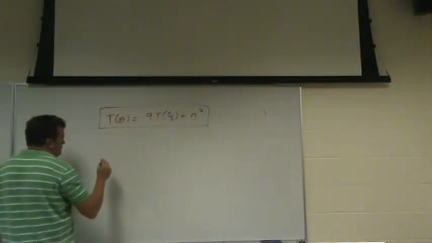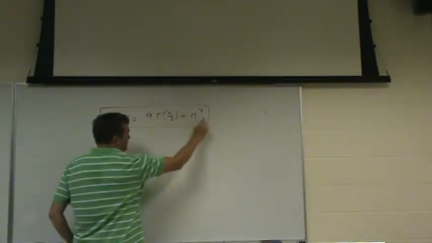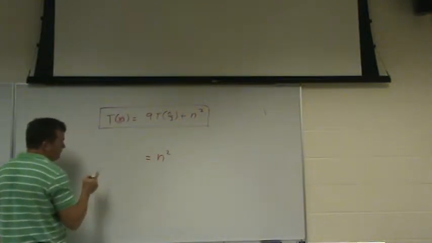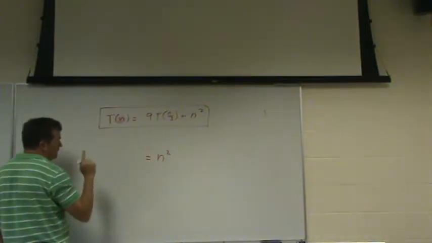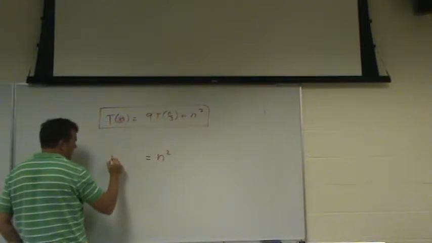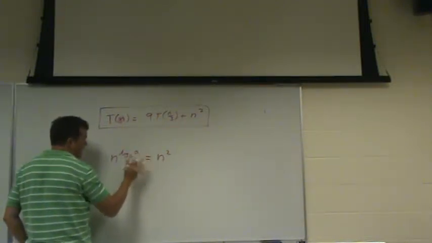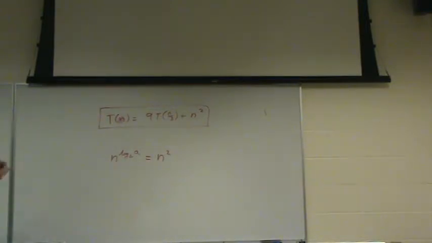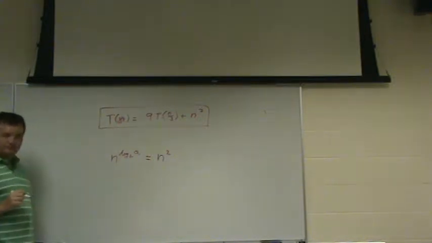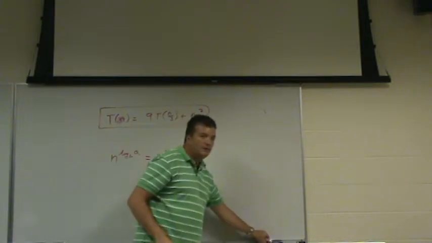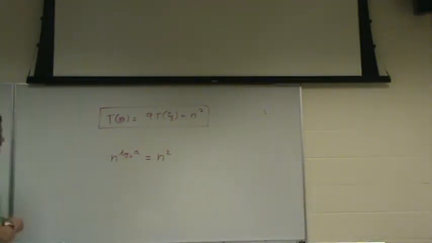What we're going to always do is compare this function, which is n squared, to this function, n raised to the log base b of a, and see how they compare. Which one is bigger than the other, or are they exactly equal? So your cases are effectively, one side is greater than, equal to, or less than. Case 2 is when they're equal.